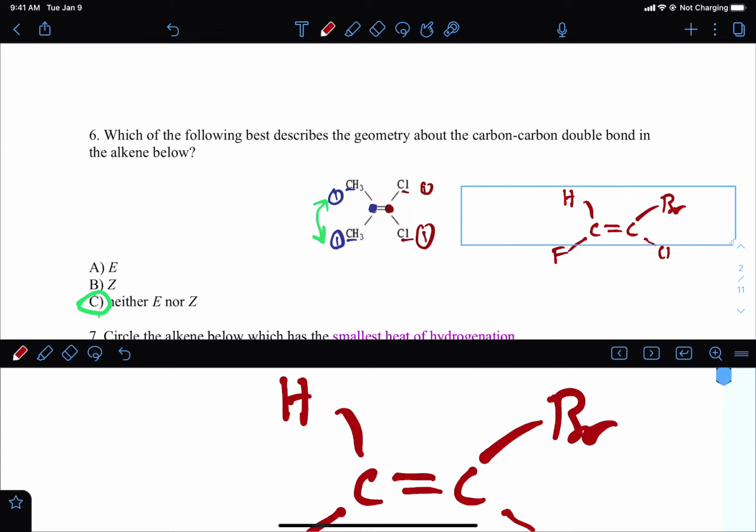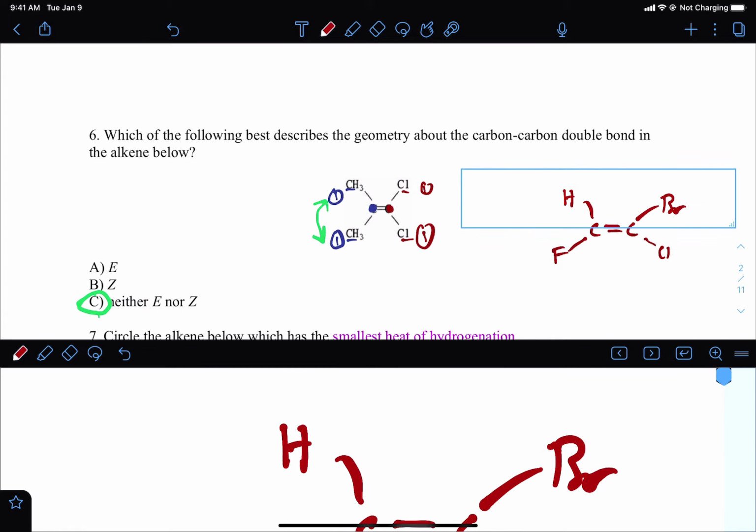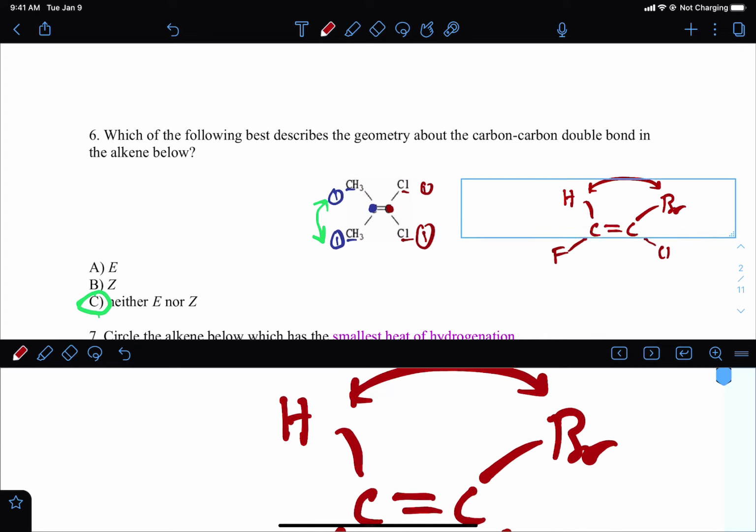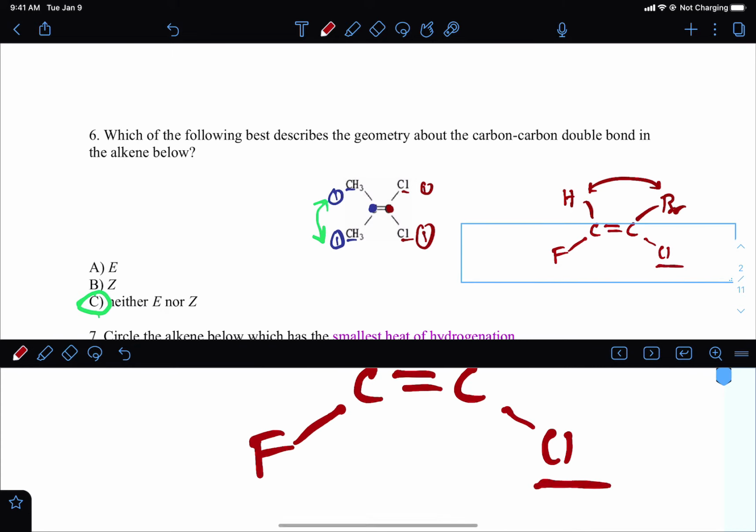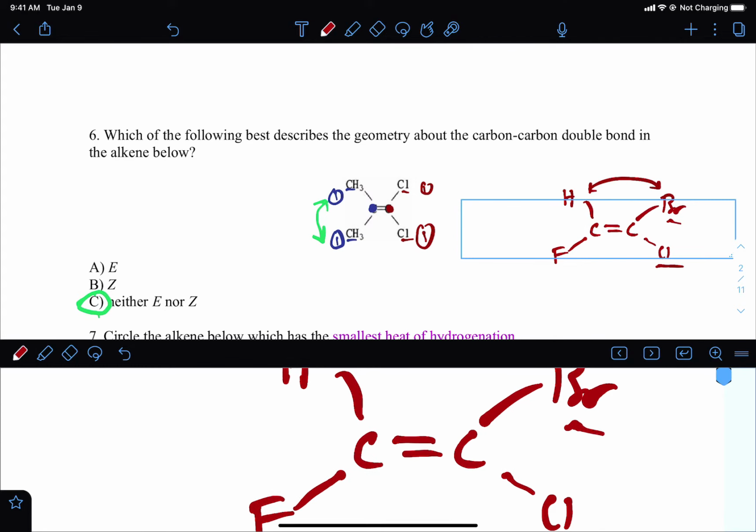Here's the point with E and Z. You could talk about relationships being cis and trans. We could say that the H is cis to the bromine. Or we could say that the H is trans to the chlorine. Or we could say that the bromine is trans to the fluorine.